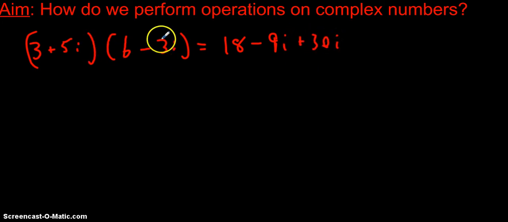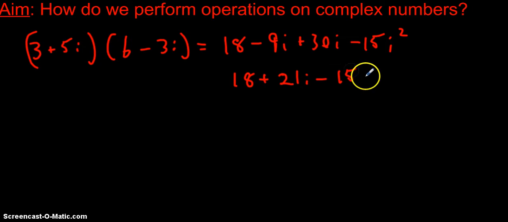And 5i times negative 3i is negative 15i squared. So that's 18 plus 21i minus 15i squared.